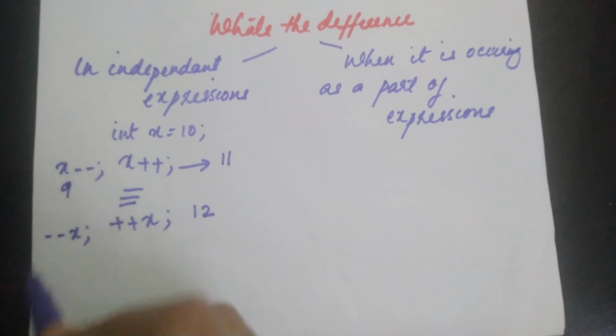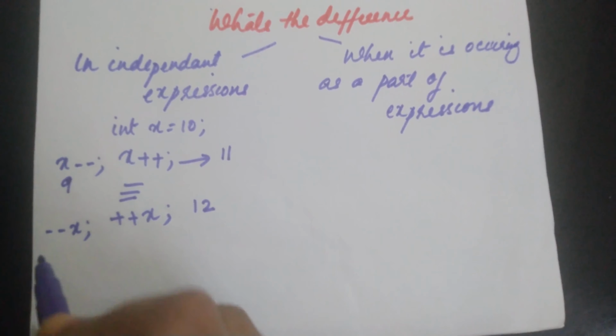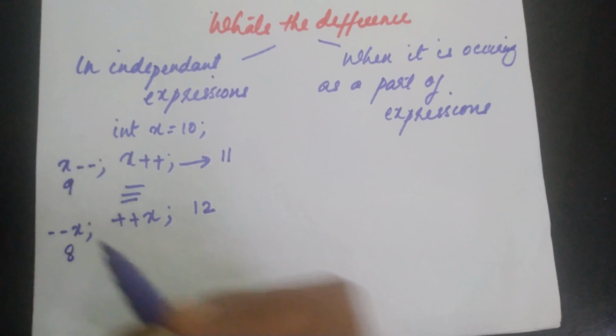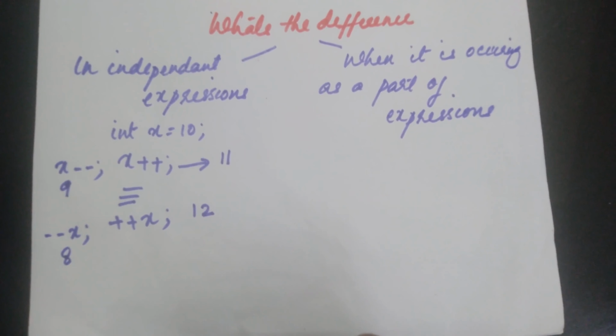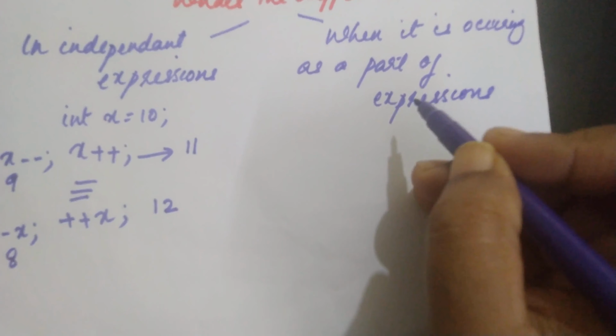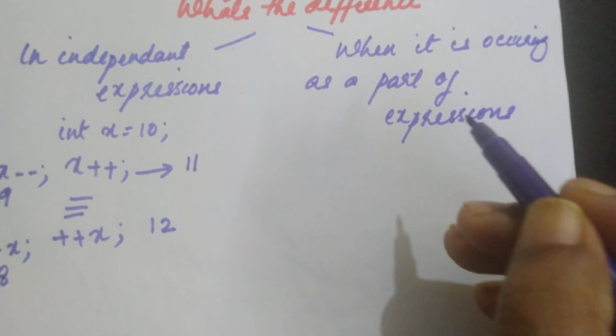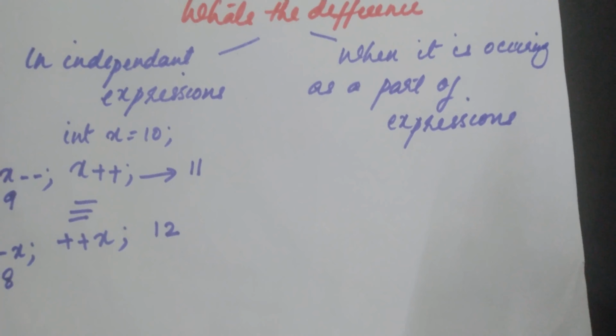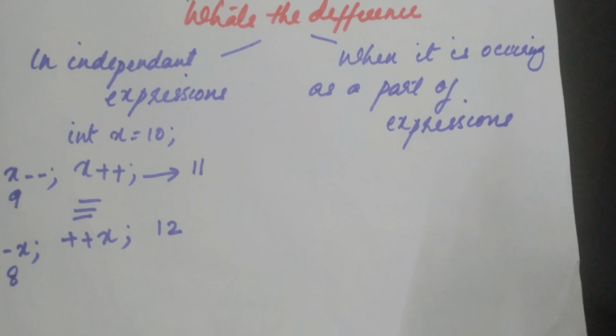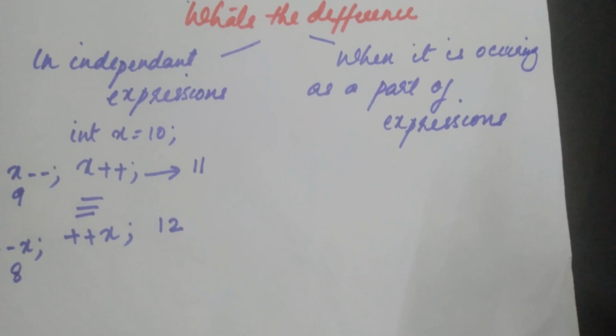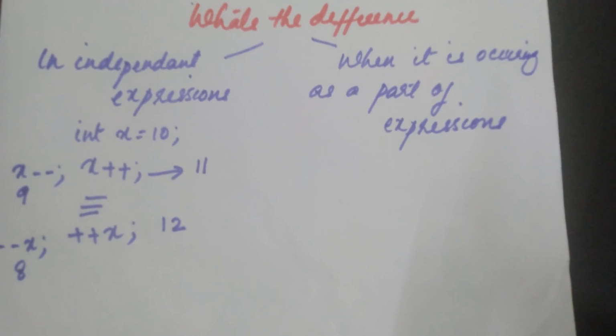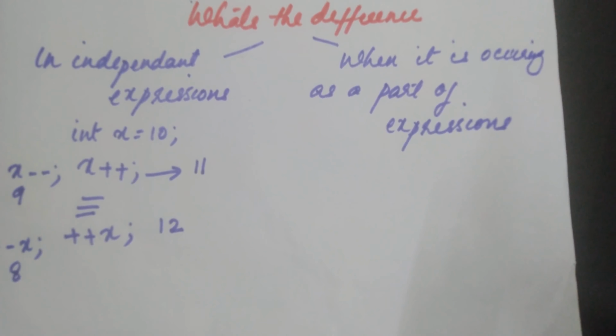And after some time, if I write --x, the value of x becomes 8. But when it is written as a part of an expression, pre-decrement or pre-increment and post-decrement or post-increment work in a different manner. Let us see.